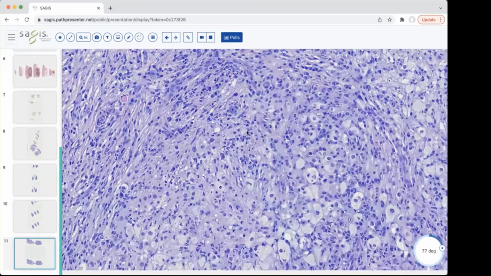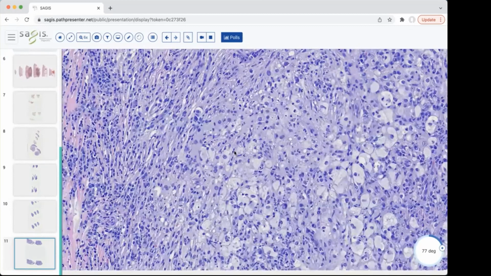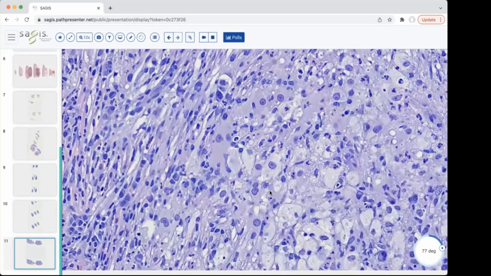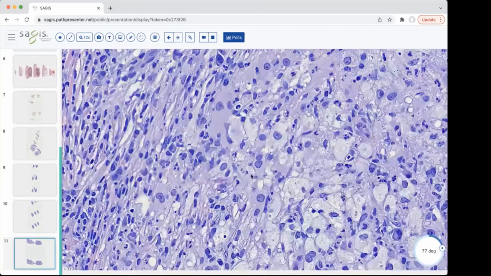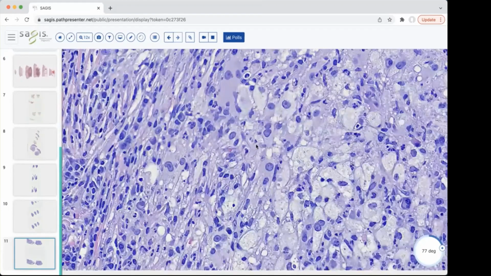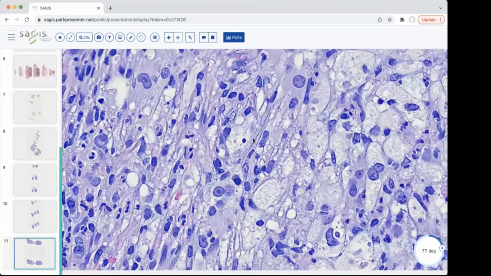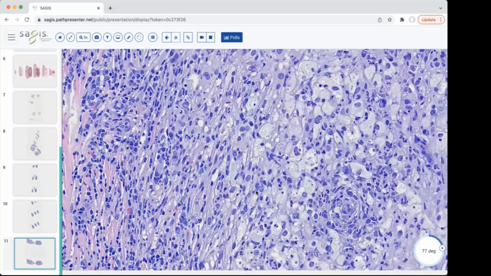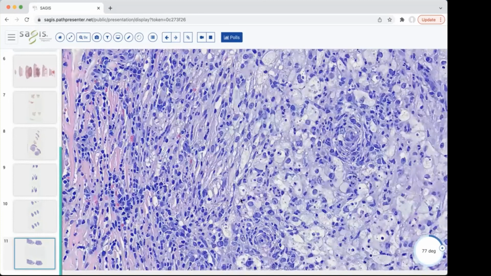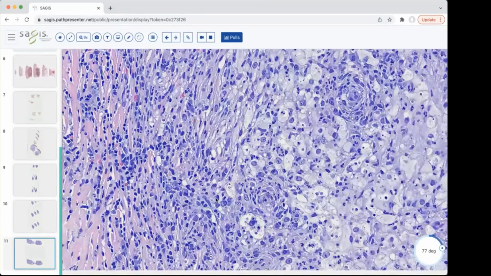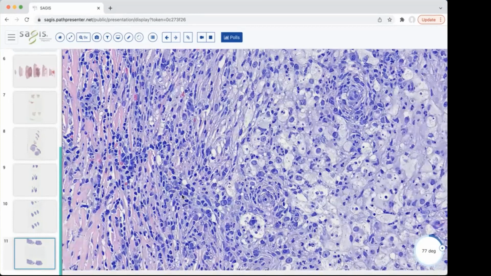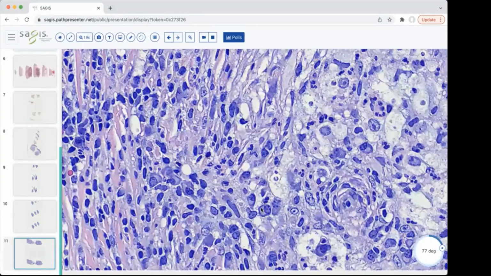There's another item we're looking for when you're trying to differentiate these infiltrates. Let's see. Some large plasma cells scattered in here with their perinuclear hof.